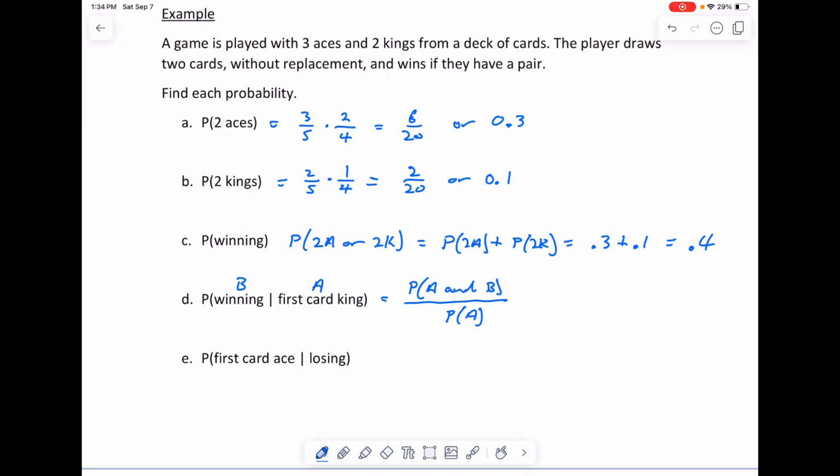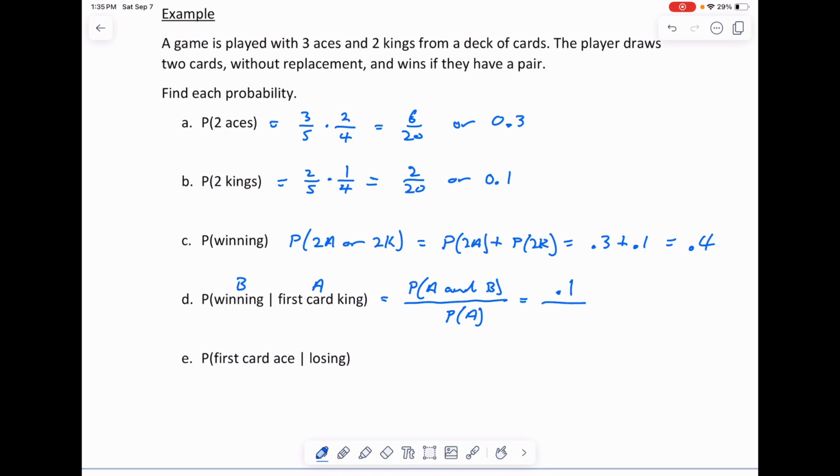A is that the first card was a king. So the probability of A and B, of winning and doing it on kings, right? Because if your first card is a king, your second card has to be a king. Well, again, that we found in part B. There's a 10% chance of that happening.